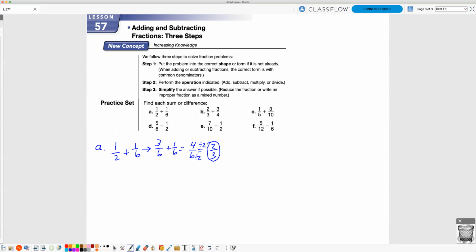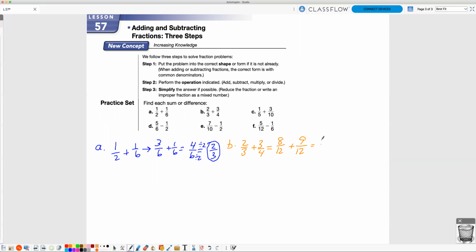Letter B, 2/3 plus 3/4. Okay, it looks like I'm going to use 12 as a common denominator for both of these. This would be times 4 to get to 12, so this would be 8 twelfths. This would be times 3 to get to 12, so this will be 9 twelfths because 3 times 3 is 9.